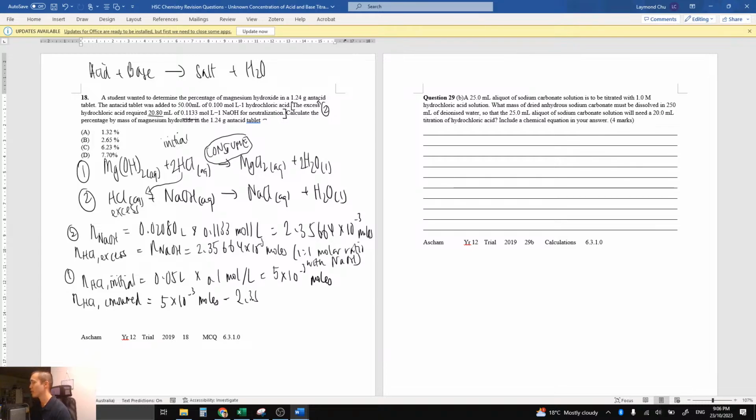So let's continue. We minus that to get how much was actually consumed. So we do 5 minus that number. Now, as a tip for my students, typically I like to say, write out your calculator value to about 5 or 6 significant figures.